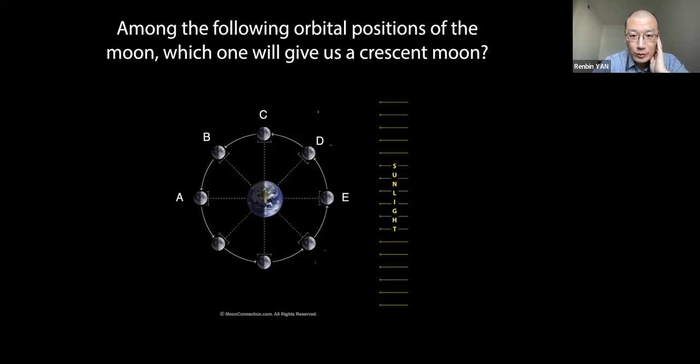And where will we see a crescent moon, A, B, C, D, or E? I'm going to show you the poll again. Orbital position of the crescent moon, the answers are given in the same order as well.